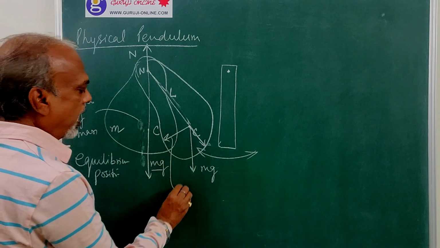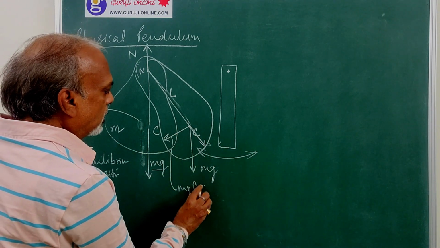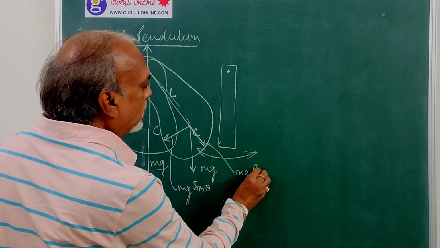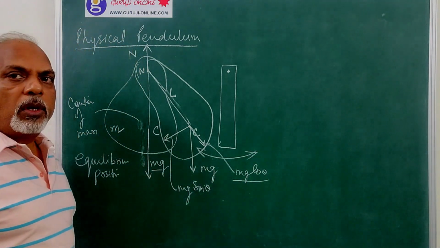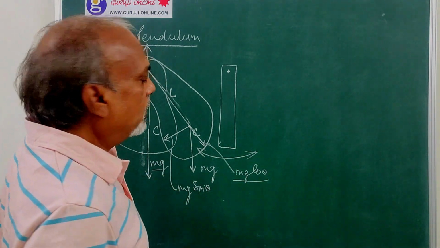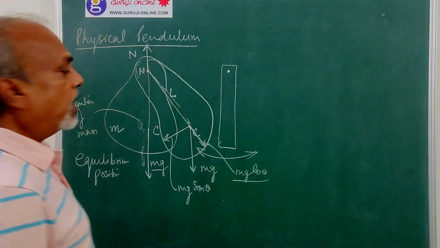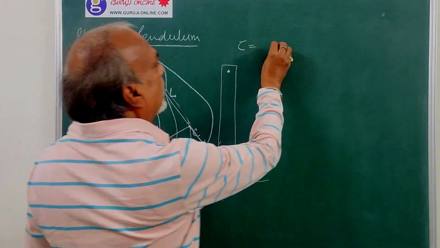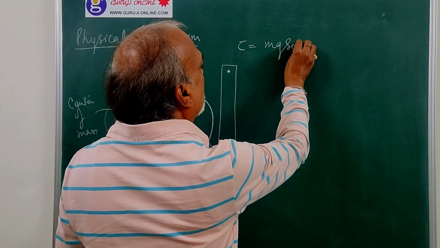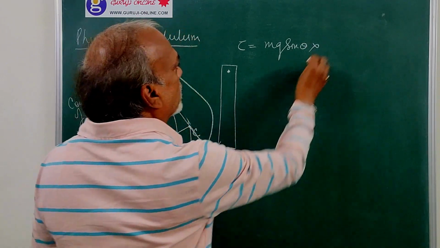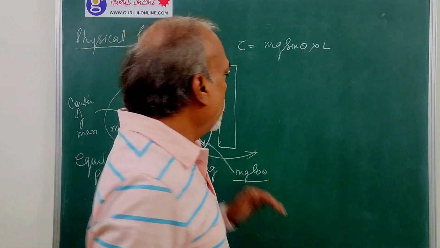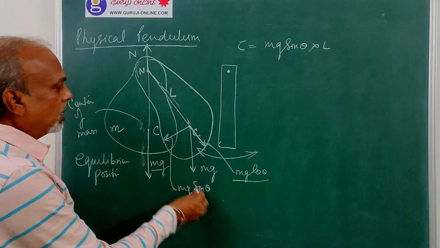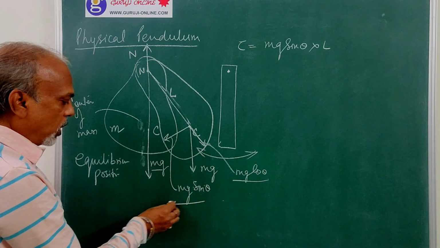This is your mg sin theta, and this is mg cos theta. So mg cos theta will not develop any torque because it is in the line of this NC. This mg sin theta will develop a torque like this: mg sin theta into, of course, L. So this is the torque acting on this rigid body, which is making it come to its equilibrium position.